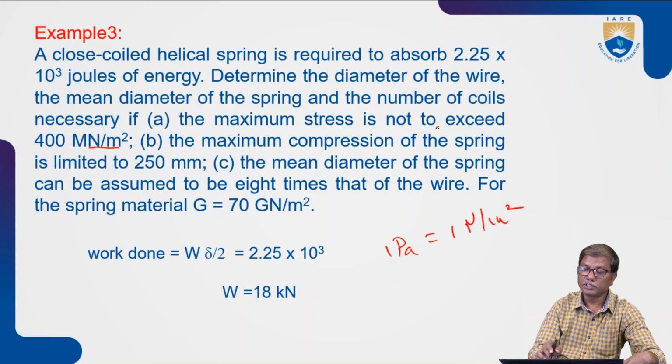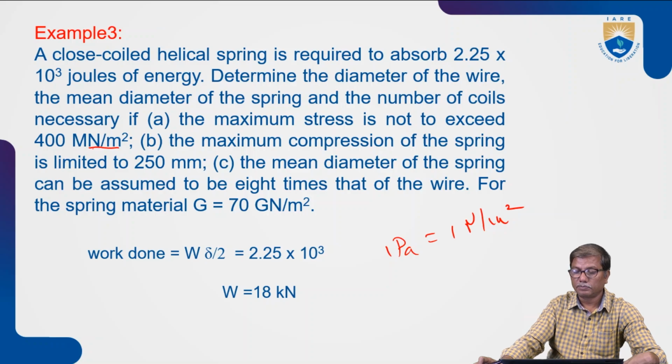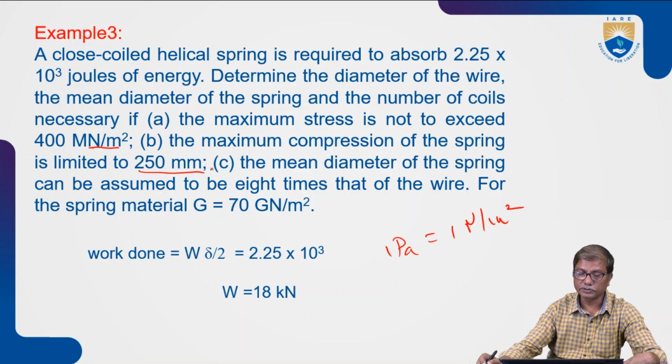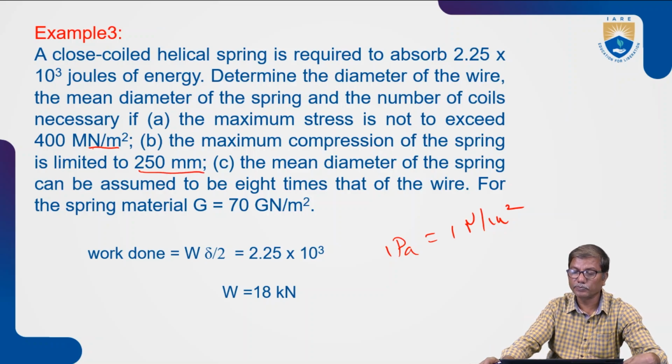So the maximum shear stress is not to exceed 400 megapascals. The maximum compression of the spring is limited to 250 millimeters. That is delta. The mean diameter of the spring can be assumed to be 8 times that of the wire.